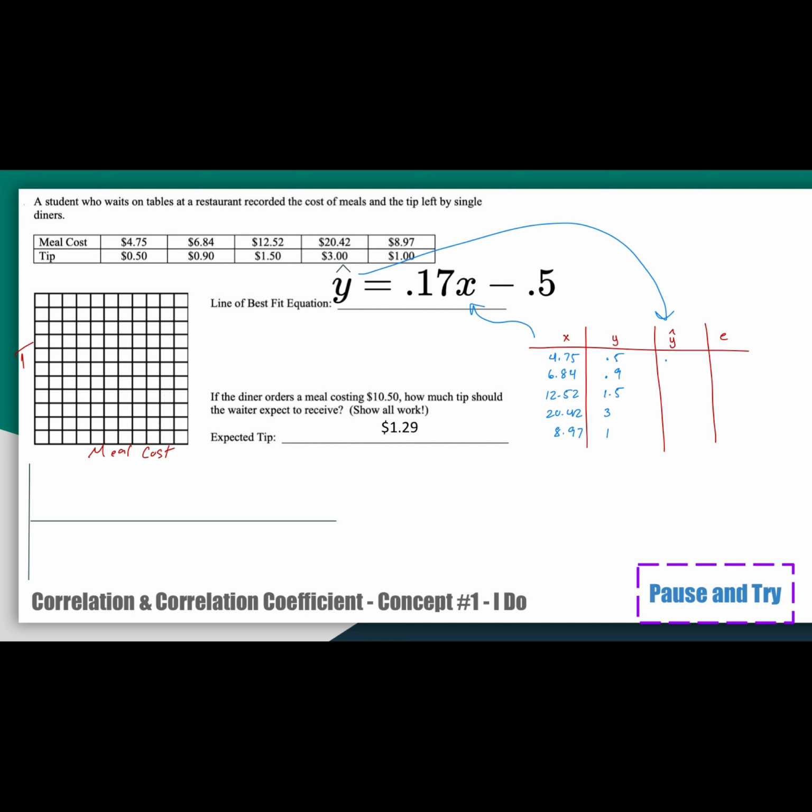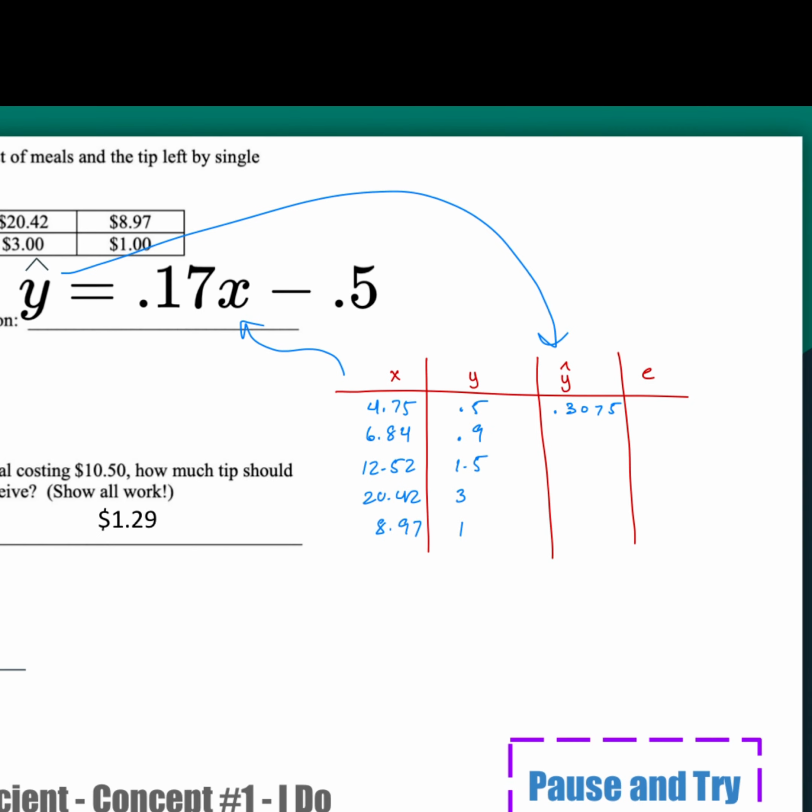And I ended up with 0.3075. Is that right? Let me just do that one more time. Yep, that's right. Okay, and then I'm just going to quickly plug these in and see what I get.